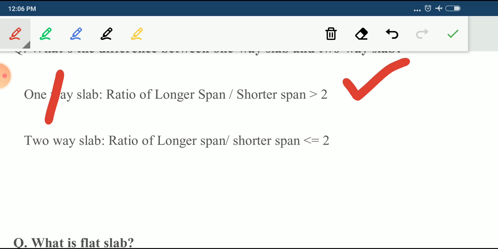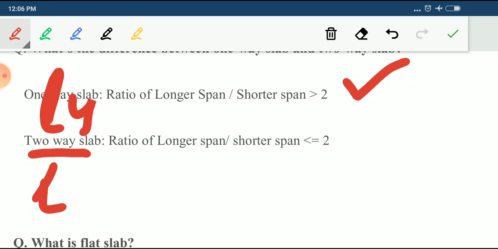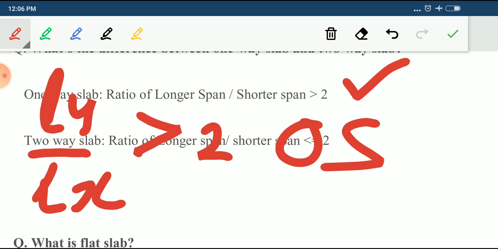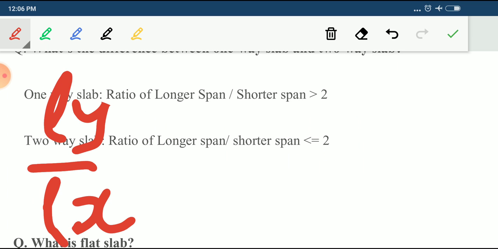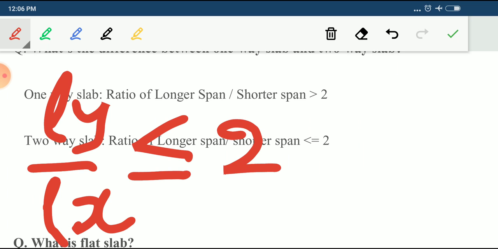If the ratio ly by lx, where ly is the longer span and lx the shorter span, is less than or equal to 2, then we will say that is a two-way slab.